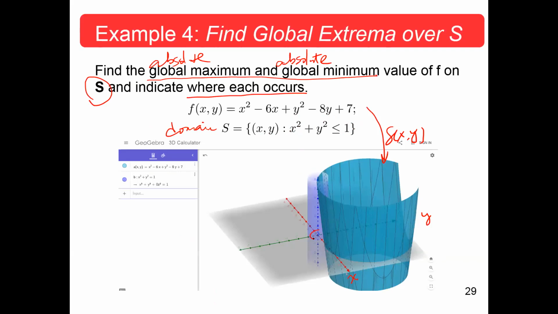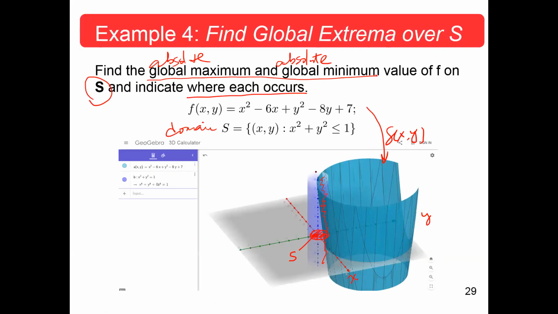So basically it's referring to those points. Can you see here on my graph? On this graph, for this particular S, here is my S. And you can tell that if I simply project this S onto the surface, it's going to be this part of the surface here, right? So it's not talking about the entire blue surface, it's only the part of the surface that is projected over this circle.